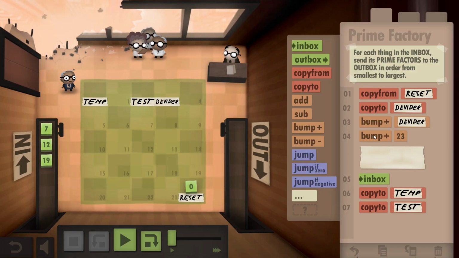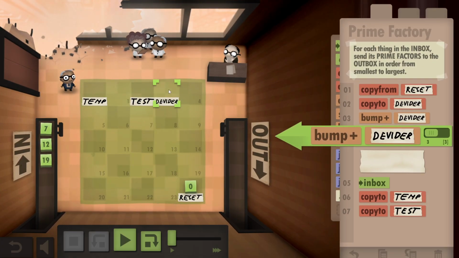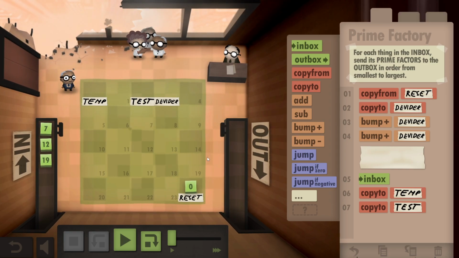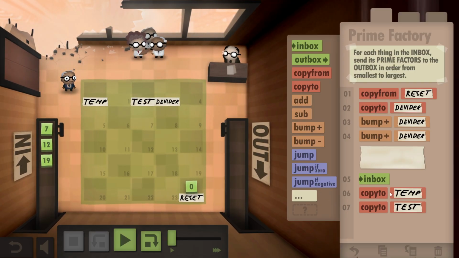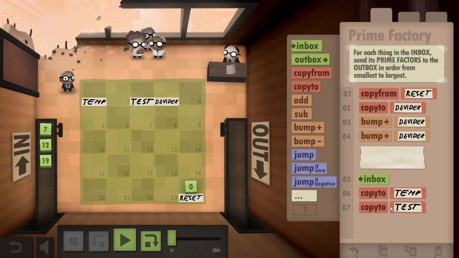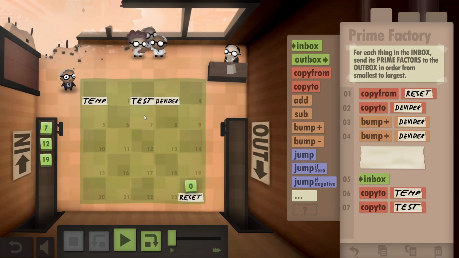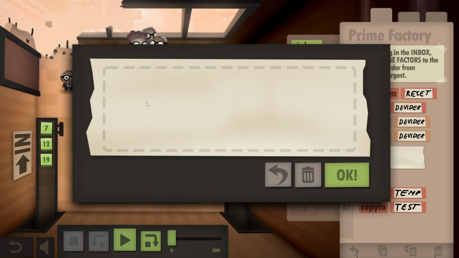It does. We'll see once we do it first time, right? Okay, copy to temp. Copy to test. Then count.